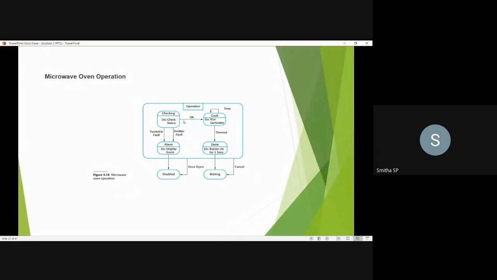The cooking state involves running the generator for a specified time. Here you can see the do action, run generator. Time is the input here, and you can see an arrow.